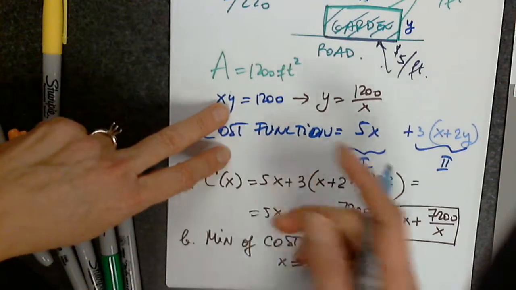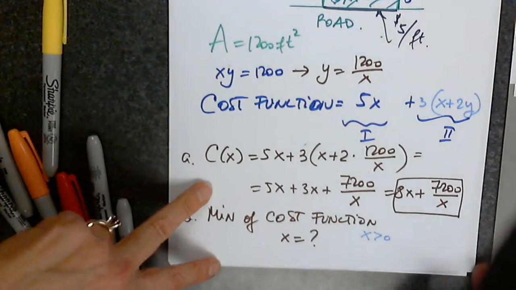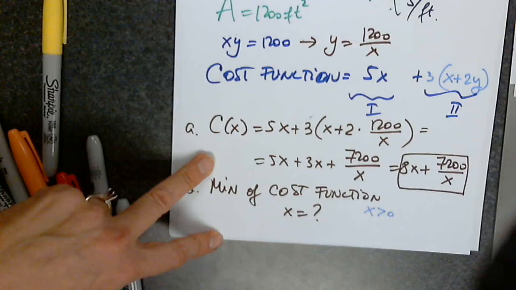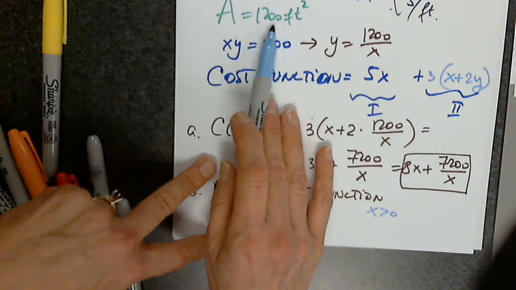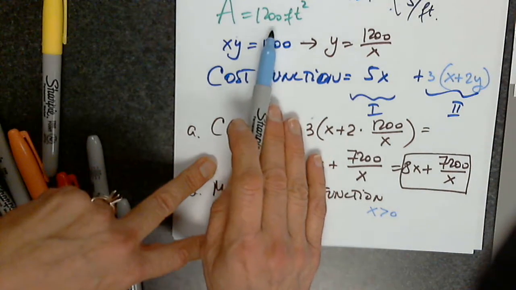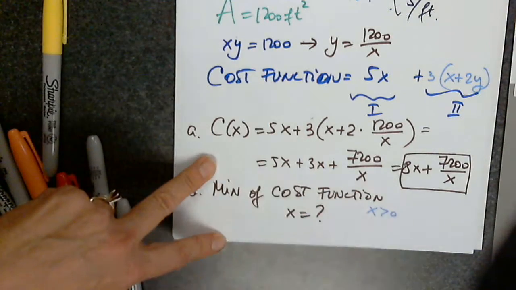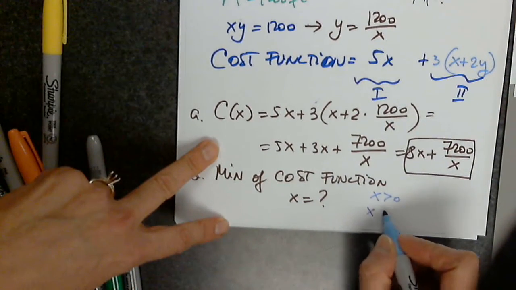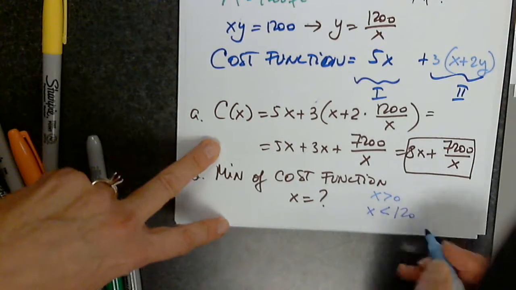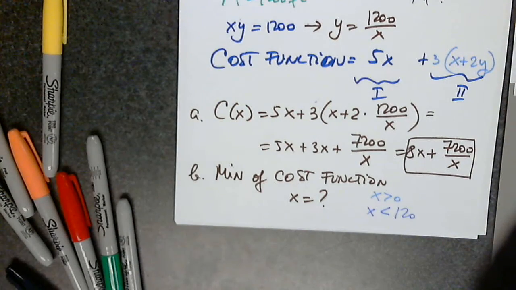The square root of 1200 is a little bit more than 100, so I shouldn't even go beyond, let's say, less than 120. So I have an idea. Now, I'm not interested in the negative portion of the graph, right?